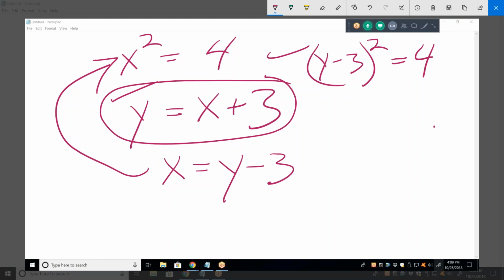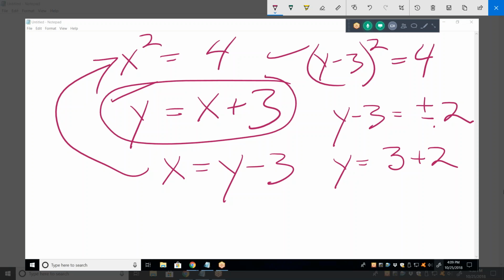Now, to solve that for y is a little tricky. You take square root of both sides. Y minus 3 equals plus or minus 2. And now y equals 3 plus 2. Or y equals 3 minus 2. Notice we get the same solutions we got when we did it the other way.